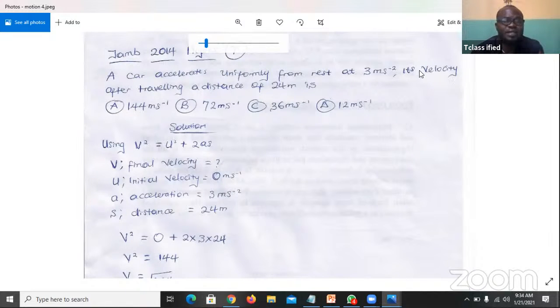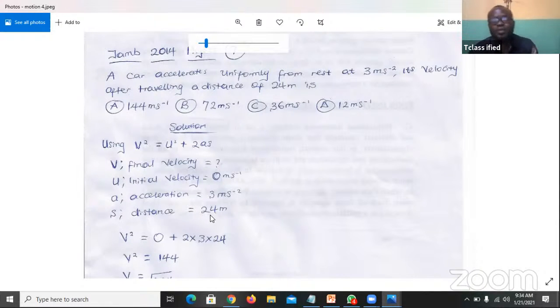Because here we are asked, what is the velocity after traveling a distance of 24 meters? So initial velocity u is equal to zero because this body is starting from rest. They told us that the acceleration is 3 meters per second squared.